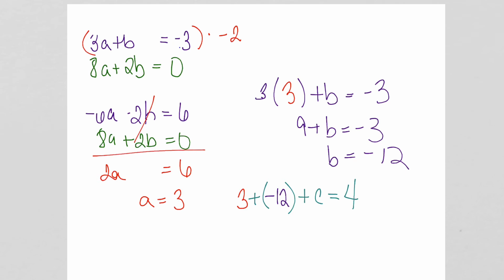So 3 minus 12 is negative 9. Add 9 to both sides, and we have 13.